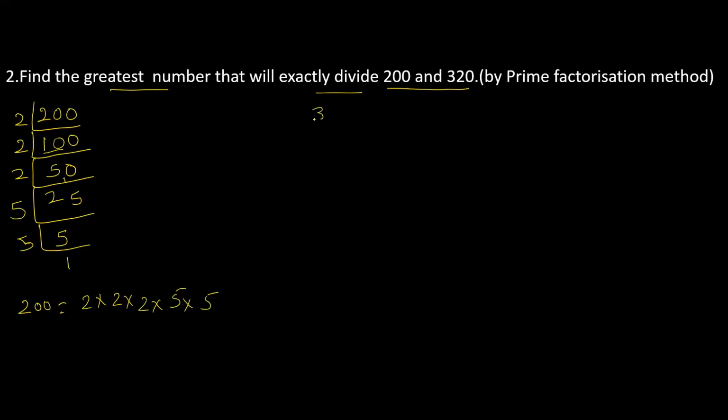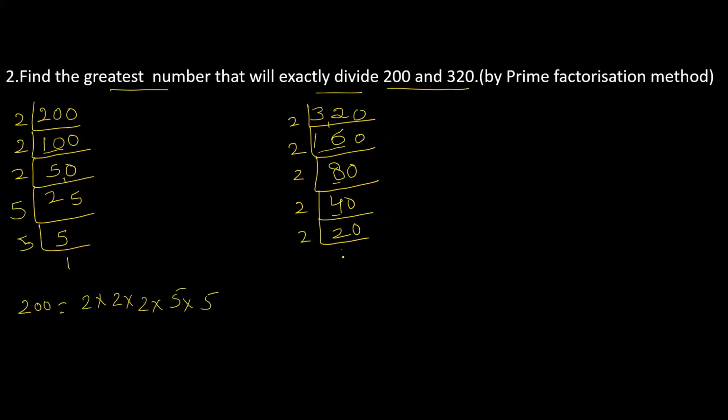Now find the prime factors of 320. 2 1s are 2. 3 minus 2, 1. So 12. 2 6s are 12, 0. 2 8s are 16, 0. 2 4s are 8, 0. 2 2s are 4, 0. 2 1s are 2, 0. 2 5s are 10.